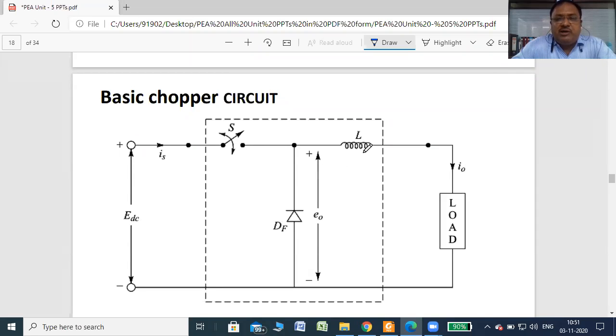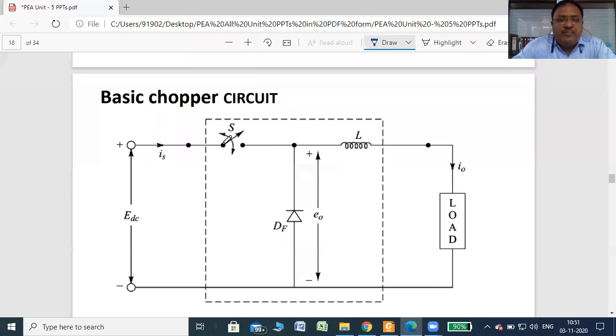Now, in this figure, there is one inductor, then a freewheeling diode, one switch and a load. Whenever the switch is off, in the initial condition, no current flows through the load.